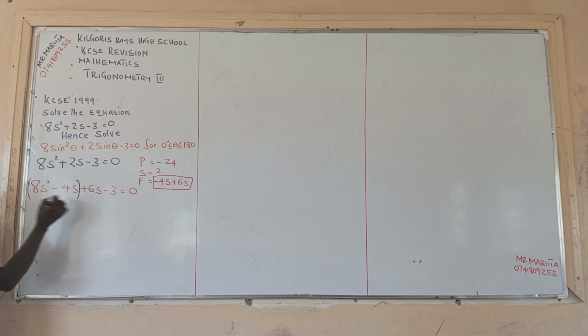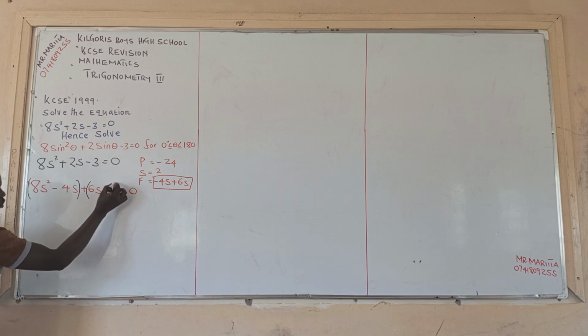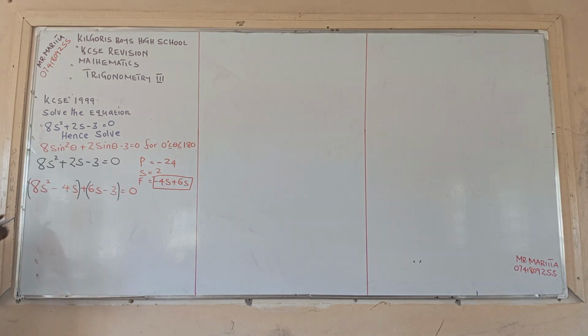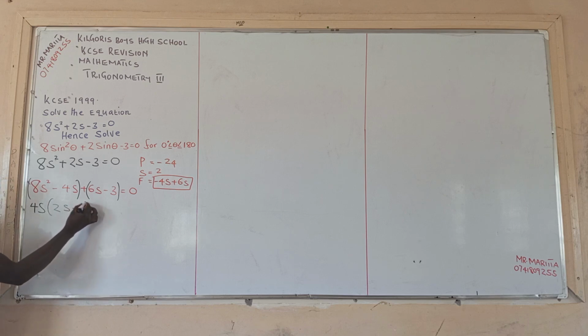You group this one first, with that. Such that now 4s squared minus 4s, we factor out 4s. We remain with 2s. That 4s times 2s is equal to 8s squared, minus 1.